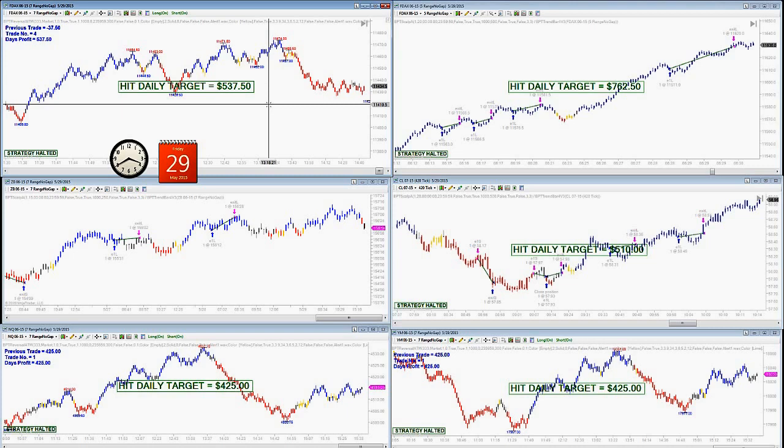Personally, I don't like too many trades in the market. I like the auto trade not to just keep trading up and down with no strategy behind it.